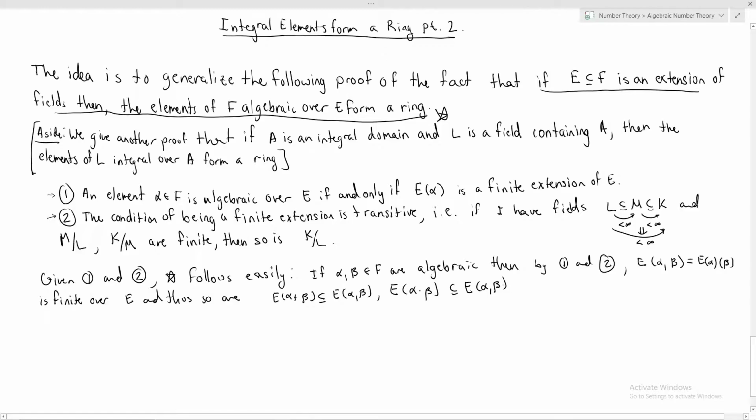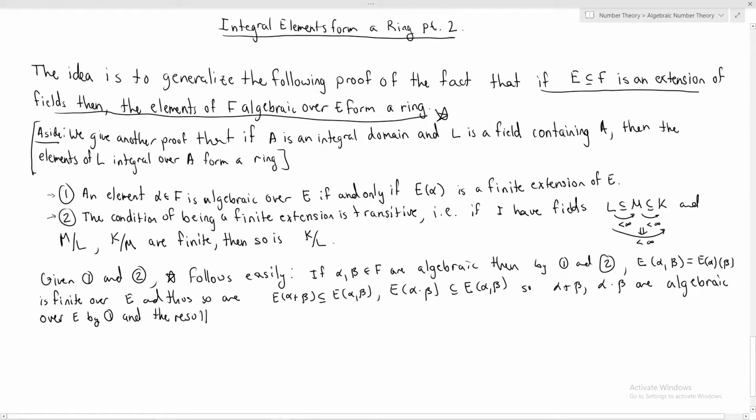Okay. So alpha plus beta and alpha times beta are algebraic over E by 1 and the result holds.